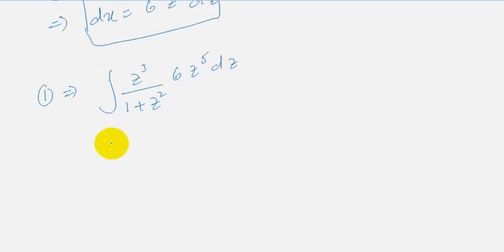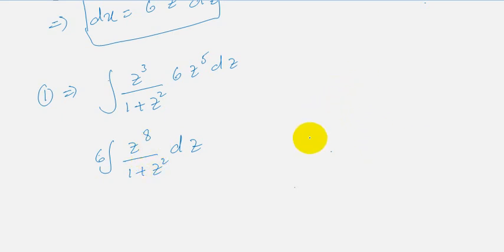Now we can write it as integration 6 z^8 upon 1 plus z^2 dz. Now this is an improper fraction.